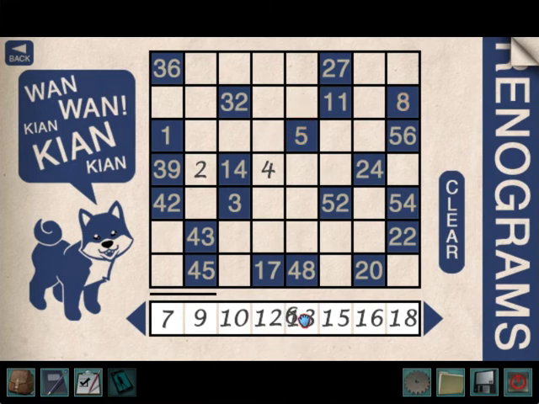Okay, 13 has to at least go there. And I guess that means 12 goes there, right? Yeah, so let's go ahead and do that. 15, 16. 15 can go in either of these 2 squares. 16 can go in either of these, or any of these 3, actually. So I'll leave that for now.